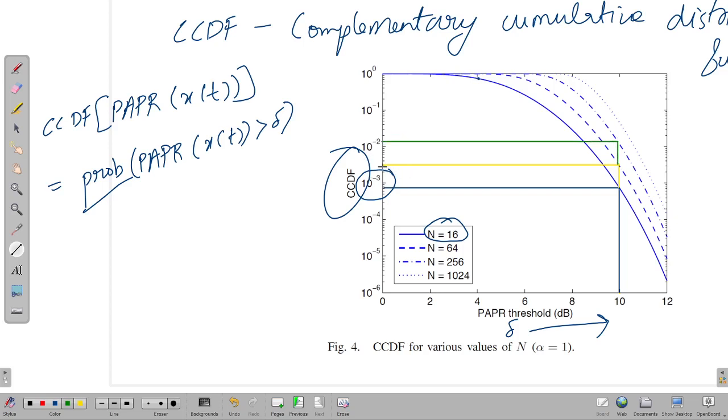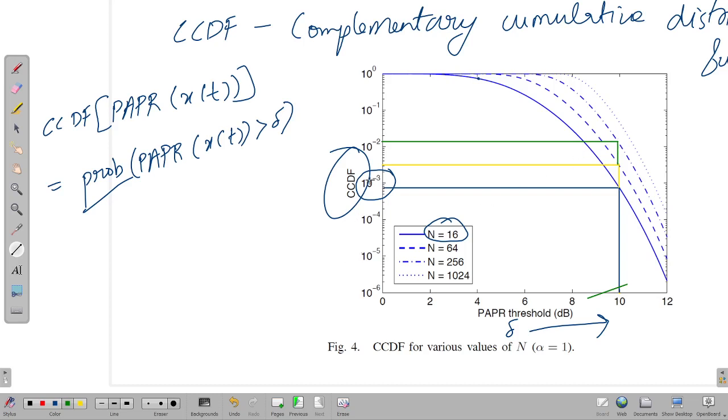It is even more than the previous case, which means as the number of subcarriers increases, the probability that PAPR is greater than a particular threshold value is getting bigger. That is very obvious. If you have more subcarriers, more sinusoids get added, and the PAPR is going to increase. The peak value is going to increase.